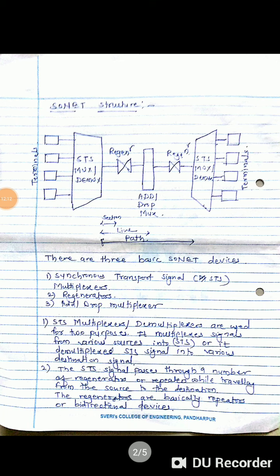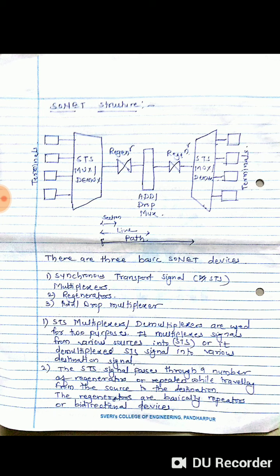So as we discussed, in exam, if the question is asked, you have to draw this block diagram and write down the explanation of these three blocks. So STS mux or demux, then regenerator, and third it is add drop multiplexer.